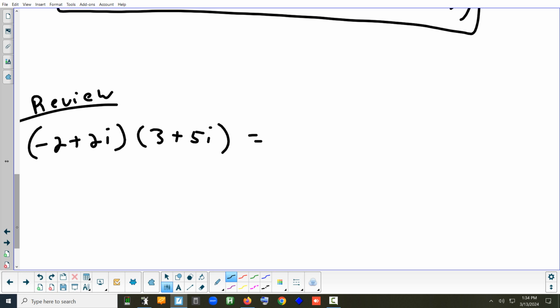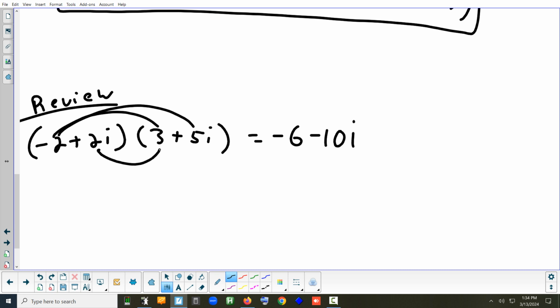All right, so let's foil it. What's -2 times 3? -6. What's -2 times 5i? -10i. What's 2i times 3? Positive 6i. And what's 2i times 5i? 10i squared.